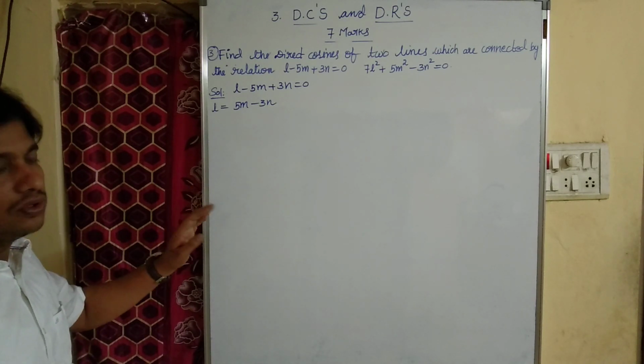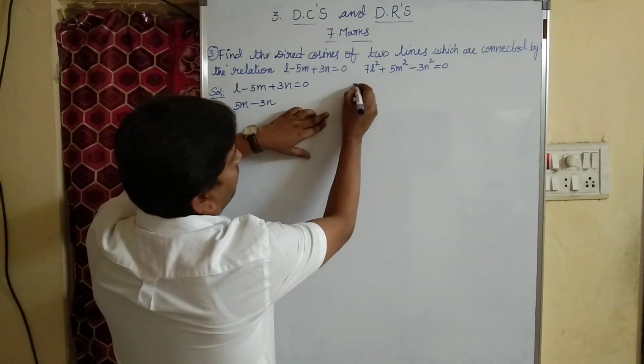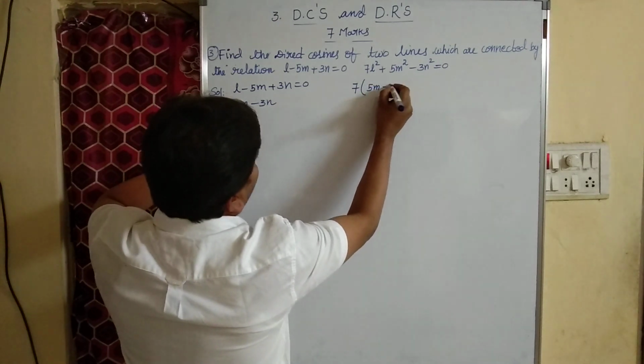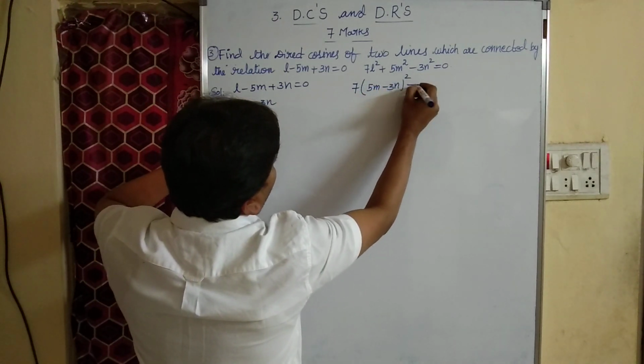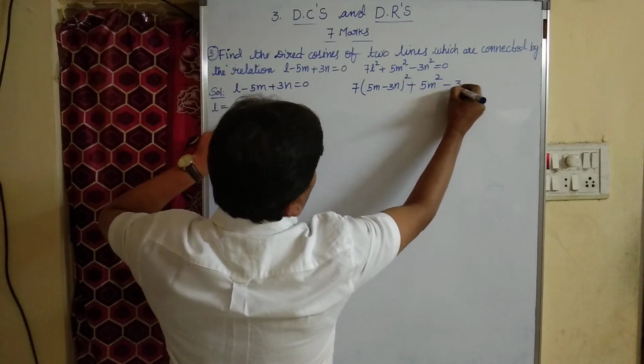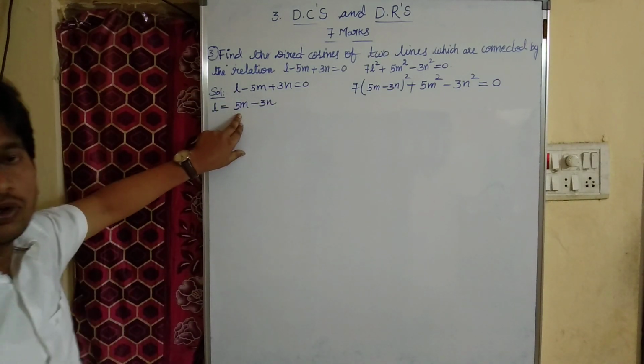Okay, now what we have to do, in the place of l we have to substitute in the second equation 7 into, in the place of l, 5m minus 3n whole square plus 5m square as it is and minus 3n square as it is, which is equal to 0.